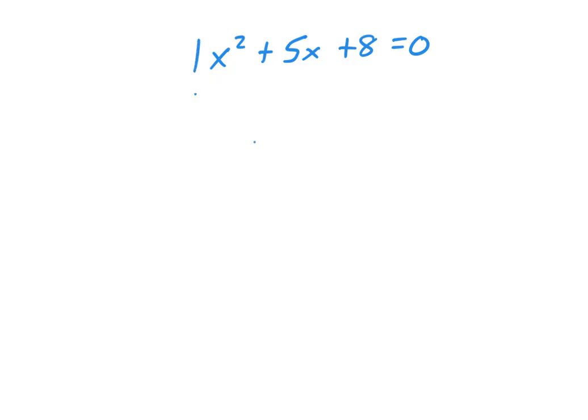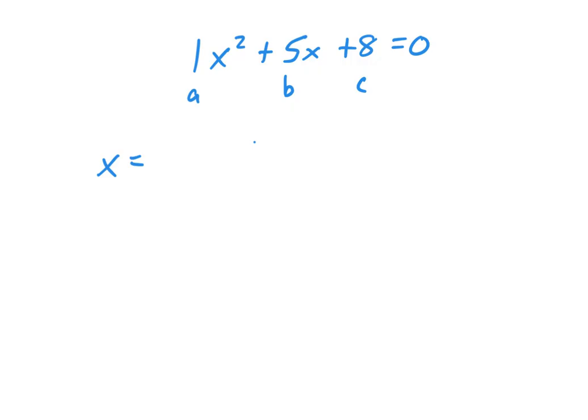And we could try to factor it, okay? But if I say what multiplies to get 8 and adds to get 5, nothing works, okay? So we can't factor it, we can't do any of those methods that we talked about, so that means this is another quadratic equation. And our answers are imaginary, so we also know that in the end, we should get an answer that has an i in it, okay?